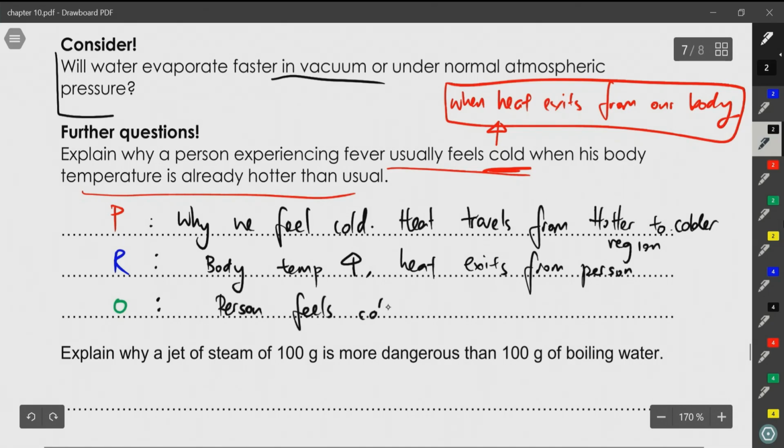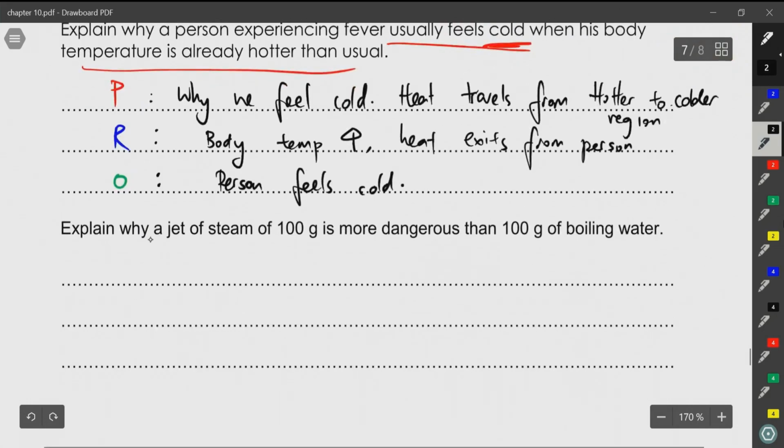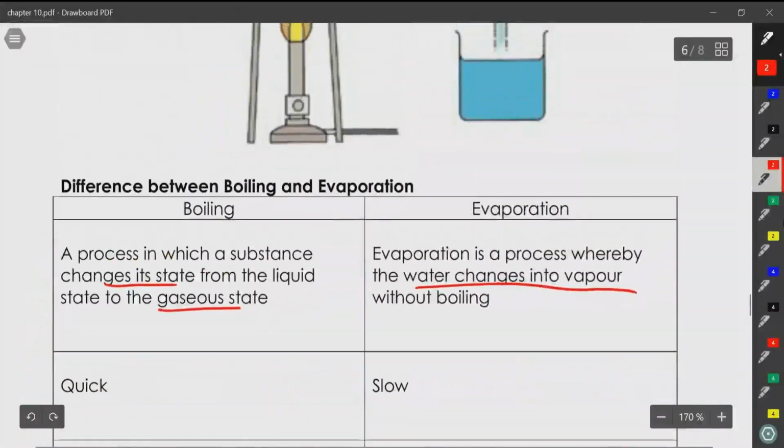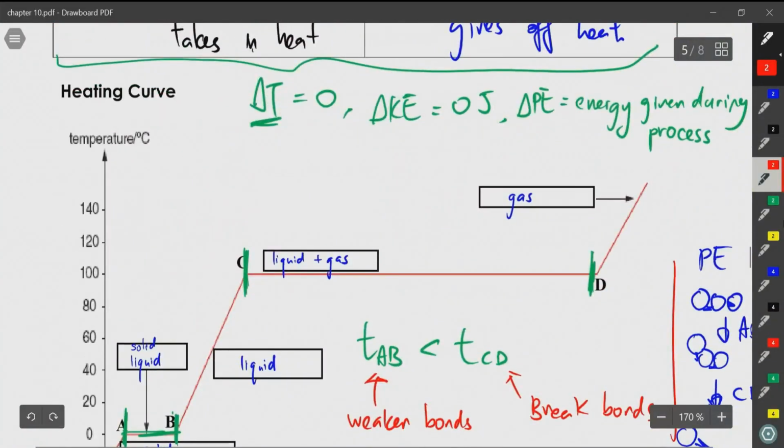Now explain why a jet of steam of 100 grams is more dangerous than 100 grams of boiling water. If you take a look at the heating curve, boiling water is at a temperature of 100 degrees Celsius.